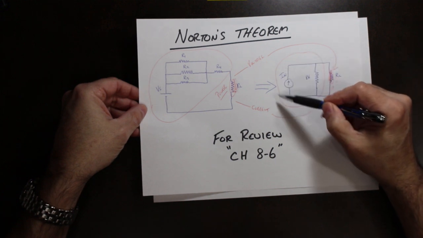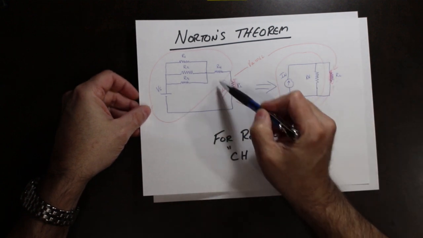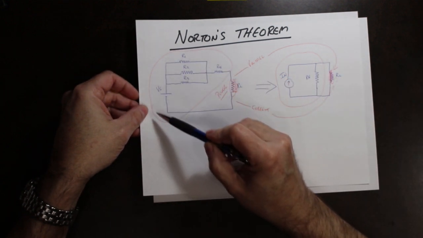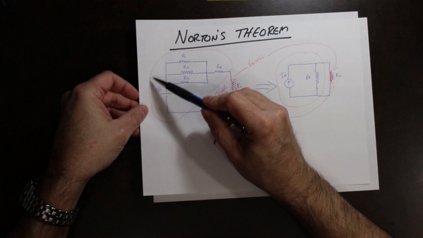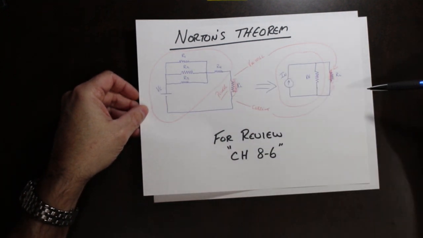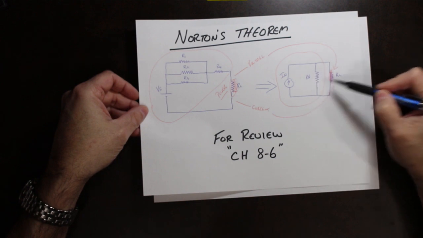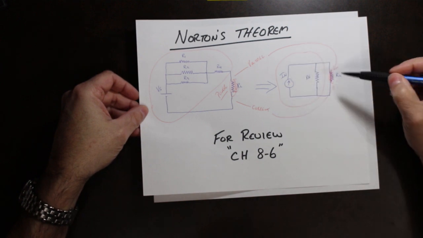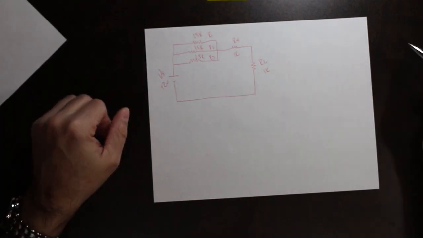In order to find those values, we look here, this is where we get them from. You'll notice that RL is not inside that circuit, or that circle. So we need to remove RL from the original circuit.